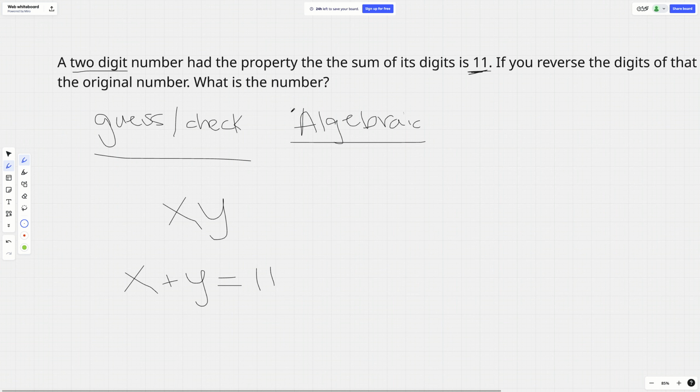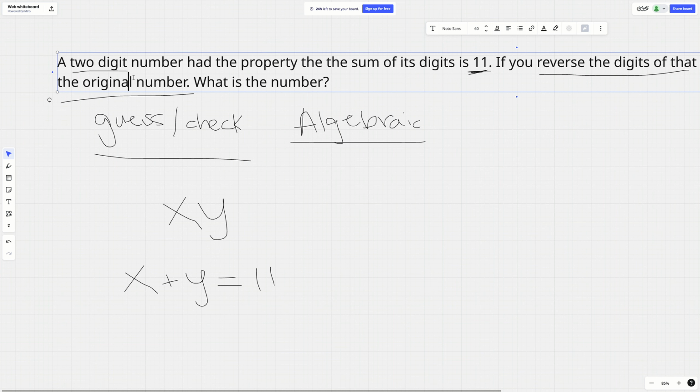Well, to reiterate what the second property of this two-digit number was in the word problem itself, it says that if we reverse the digits of the original number, it'd be 27 greater. And it looks like I forgot to type that, so let me go back and type it. So the property was, if we reverse the digits, the new number formed is 27 more than the original number. Okay, never mind, I did have that. That's very odd.